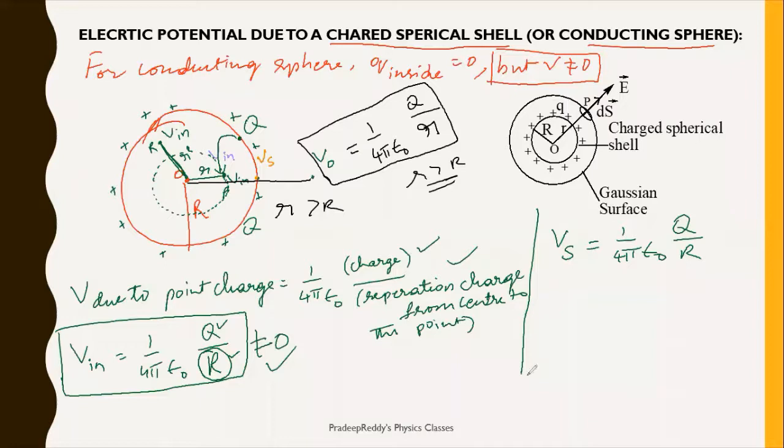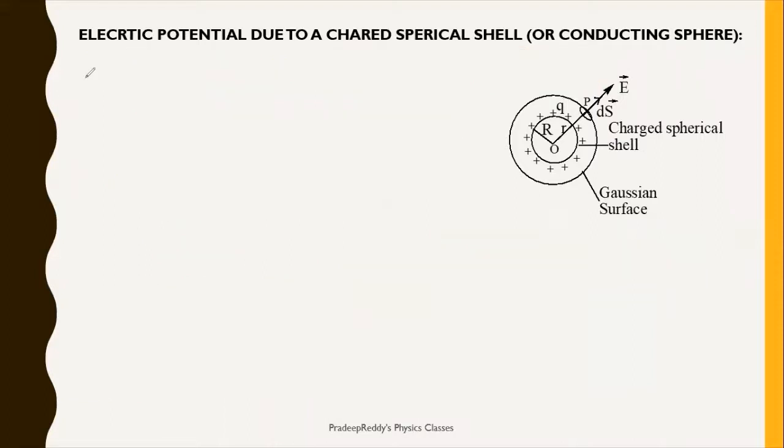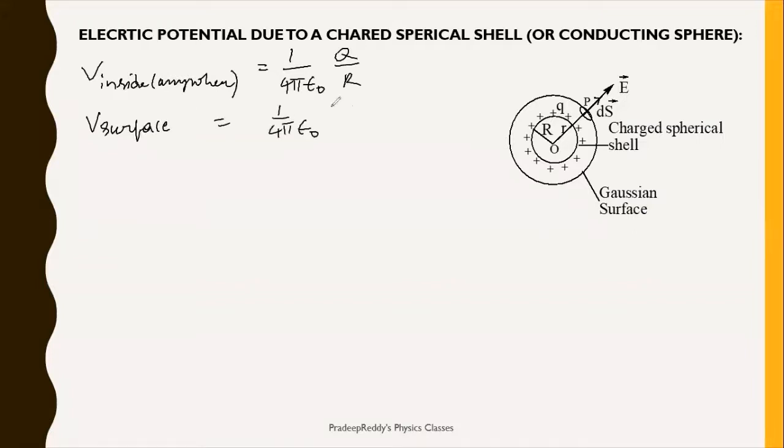And this should be very clear. Now I'll show you graphs for this. So we have relation V inside, anywhere, wherever it can be, equal to 1 by 4 pi epsilon naught capital Q divided by capital R. On the surface, it is equal to 1 by 4 pi epsilon naught capital Q divided by capital R. This is equal to V inside.